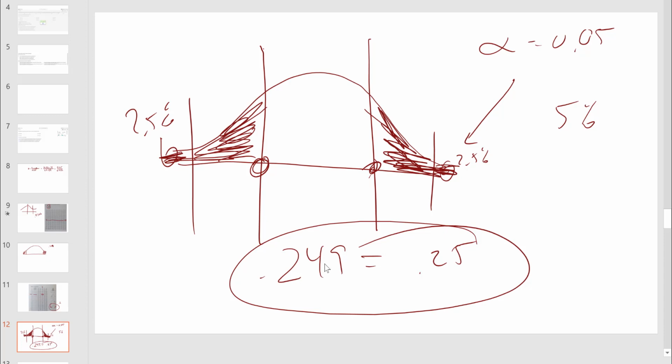Hopefully that gave you at least a little bit of an illustration there. So it's really talking about area. How much area do you have left in the rejection region? If that p-value was smaller than 0.05, then we would be over here, right? But we're not, so we can't reject it yet.